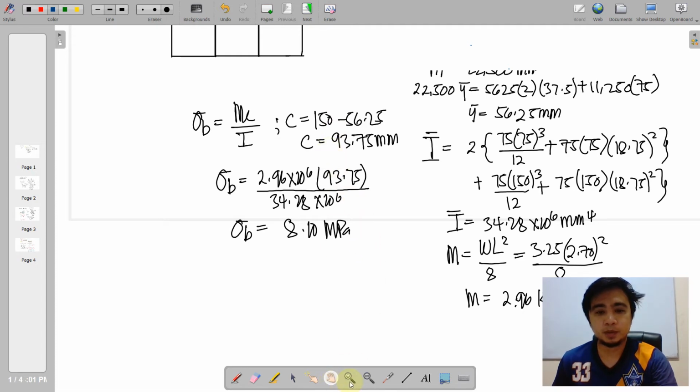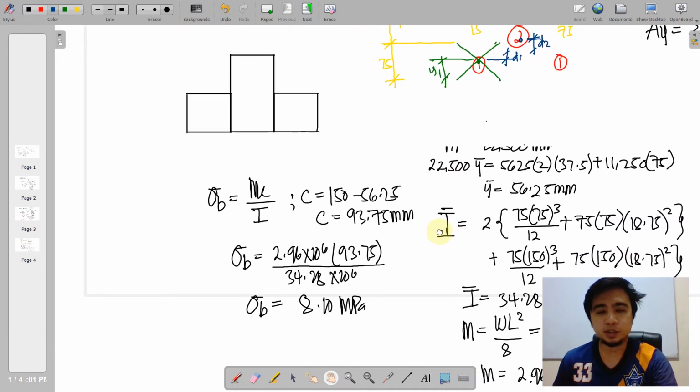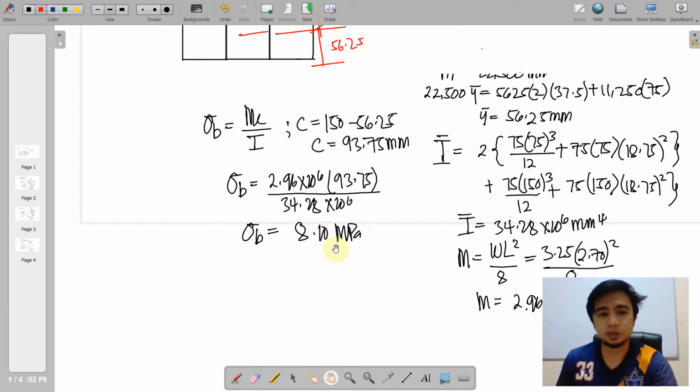As we can see, we do not have a symmetry on the y bar, so we'll just have to choose the greater value of the distance from the neutral axis, and that is actually on top. We have 93.75 millimeters for C. We substitute it in the formula and come up with the maximum flexural stress equivalent to 8.1 megapascals.